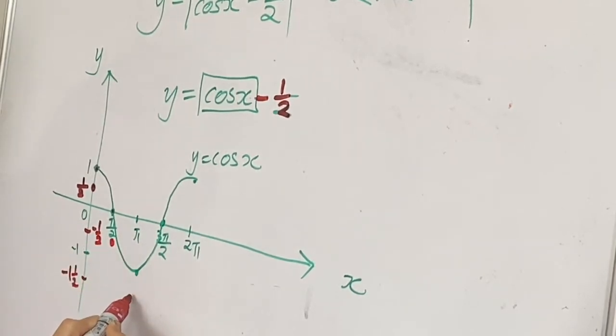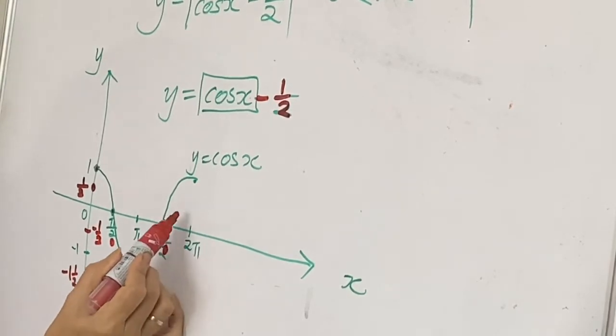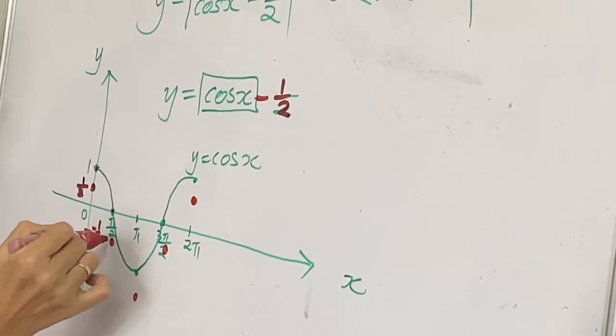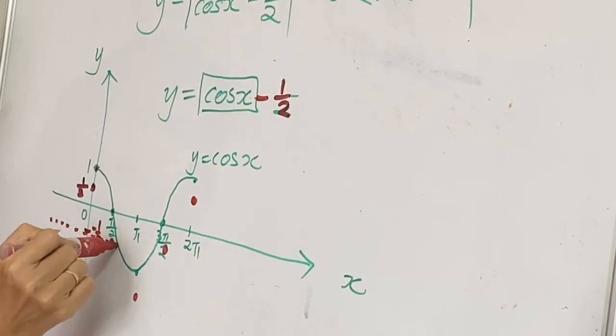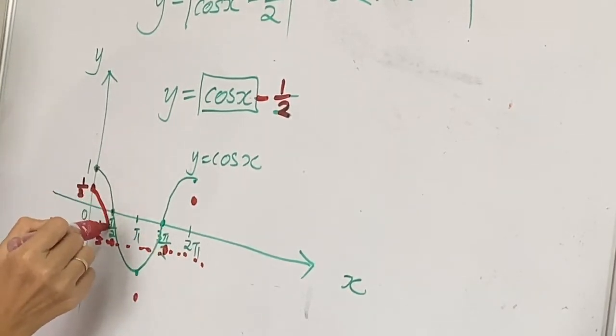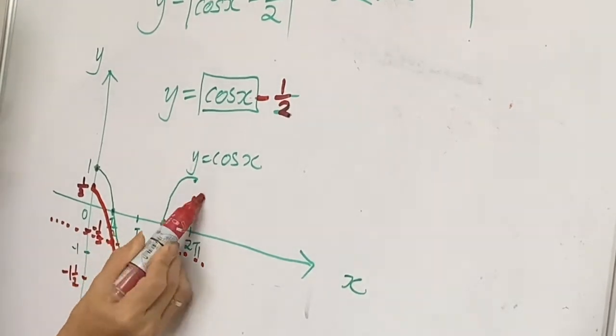So basically you do a few points, and you should roughly get the idea that your graph is actually brought down by half a unit.